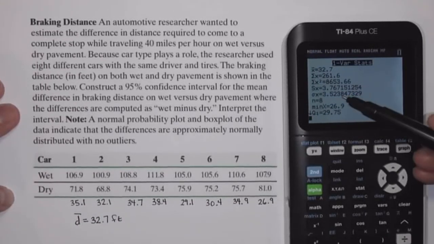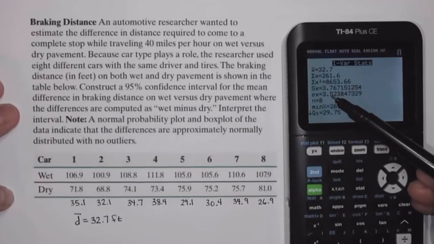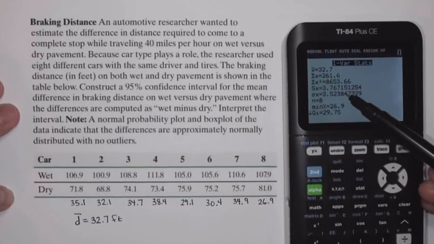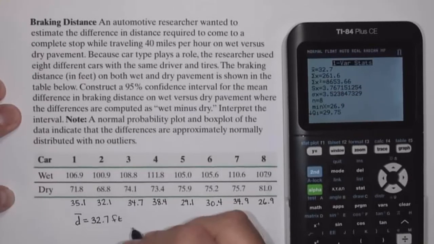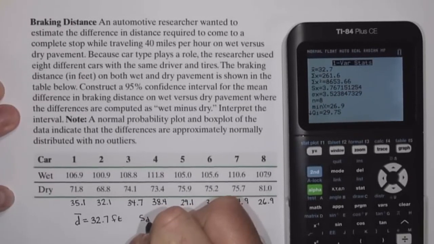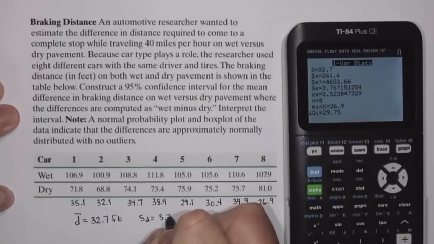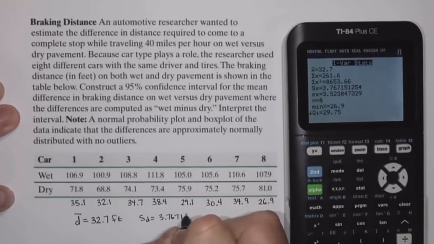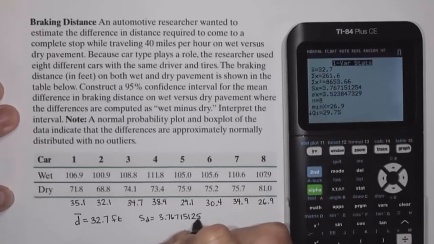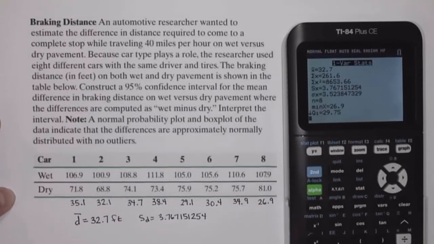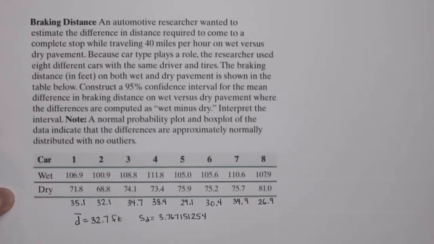The standard deviation, s sub d, is denoted s sub x on the calculator, but that is 3.767151254. So that is our standard deviation.